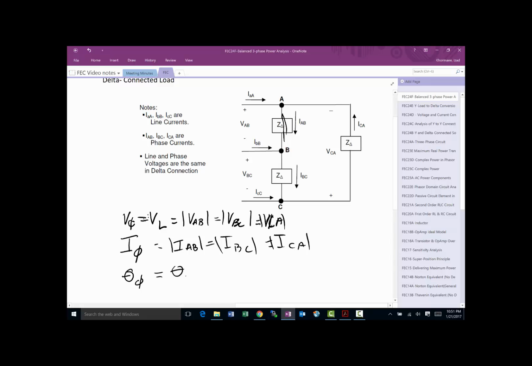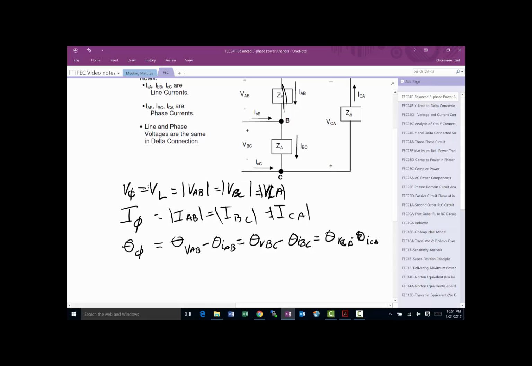So theta VAB minus theta IAB is going to be the same as theta VBC minus theta IBC, same as theta VCA minus theta ICA.